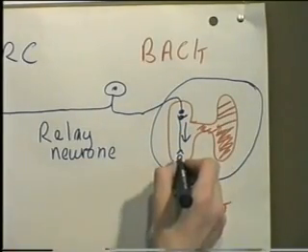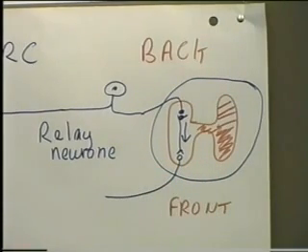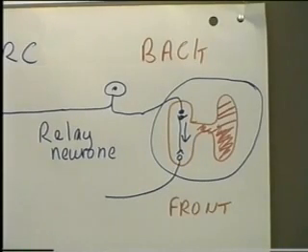And here we have the cell body of a motor neuron. And again, it's important to notice that all motor neurons leave the spinal cord via the anterior nerve root, via the front nerve root.